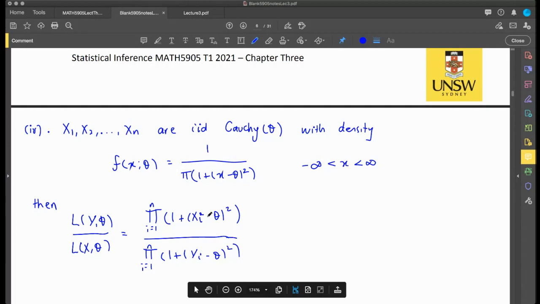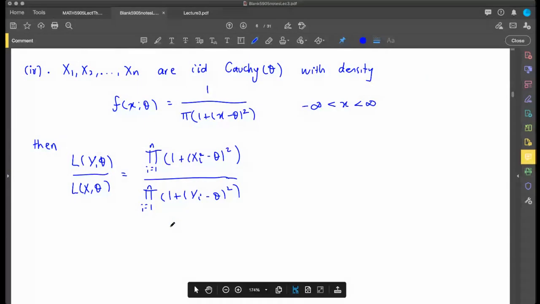The pi's cancel and they're flipped. So here's y and y is down the bottom because it's 1 over. And so x is on the denominator here, comes to the numerator here. Okay, so this is the ratio. And not much else can be done. No further simplification can be applied to this ratio.